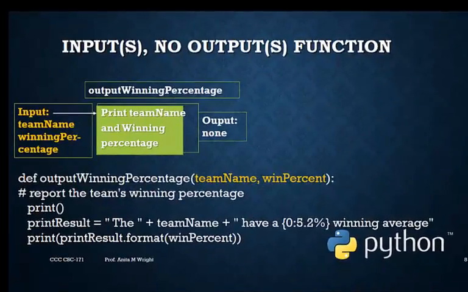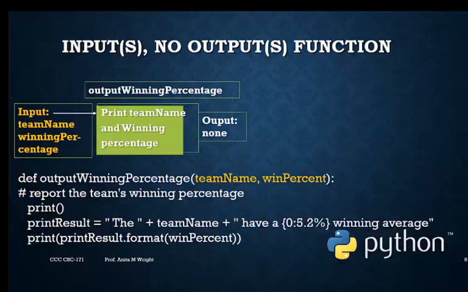The third function option has inputs but no outputs. Again, we climb into the output winning percentage function box and look at the rest of the program. That is our perspective when we formulate the design of the function. This function's purpose is to provide the output to the screen for the user after the calculations are completed.